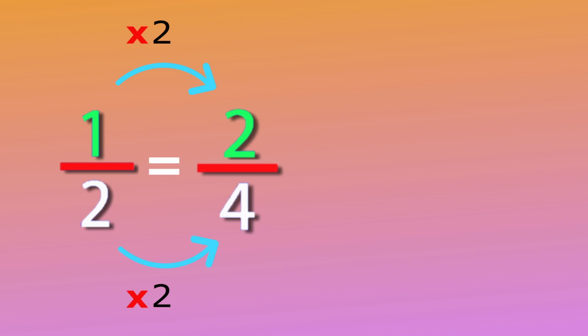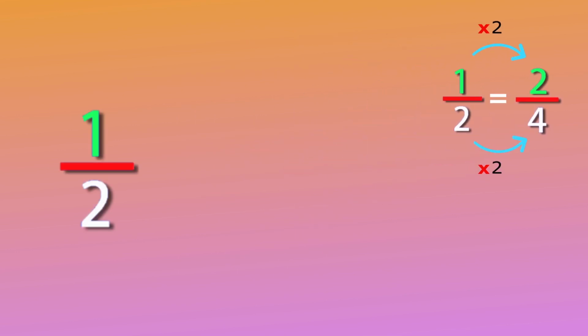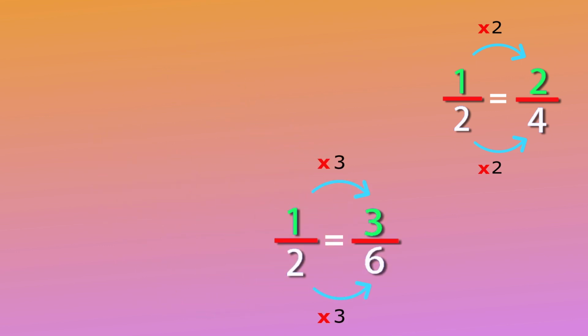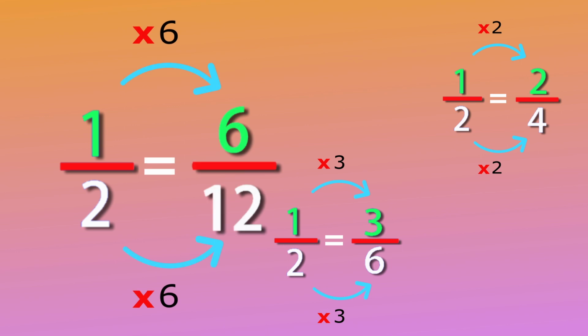First, the numerator and the denominator of 1/2 have been doubled, and that gives the fraction 2 quarters. Now the numerator and the denominator of 1/2 have been multiplied by 3. The result gives 3 over 6. Then the numerator and denominator of 1 over 2, or half, has been multiplied by 6, giving 6 over 12.